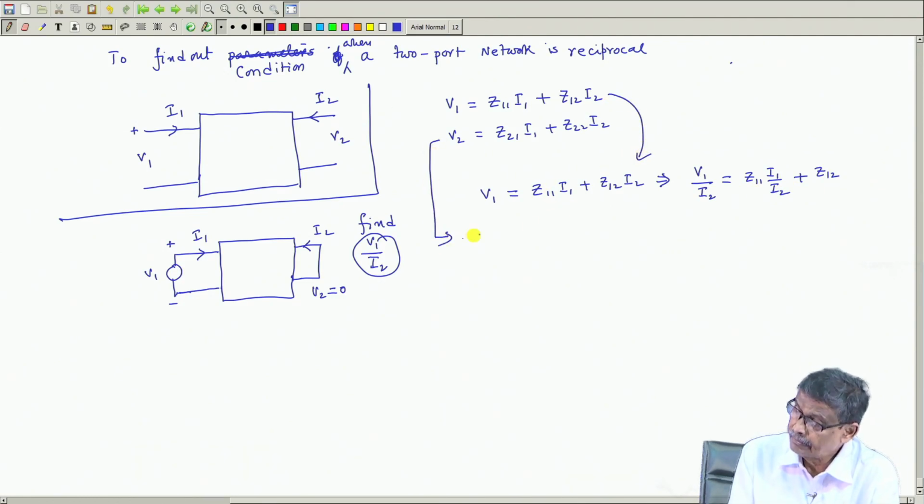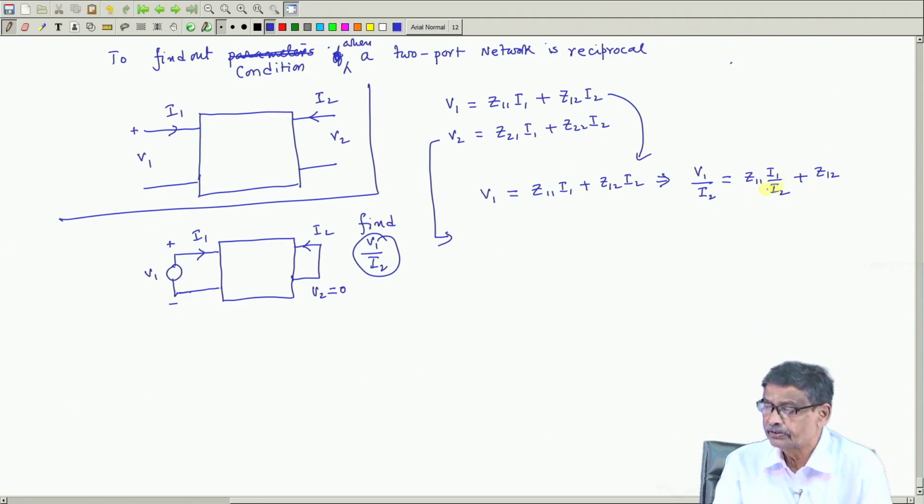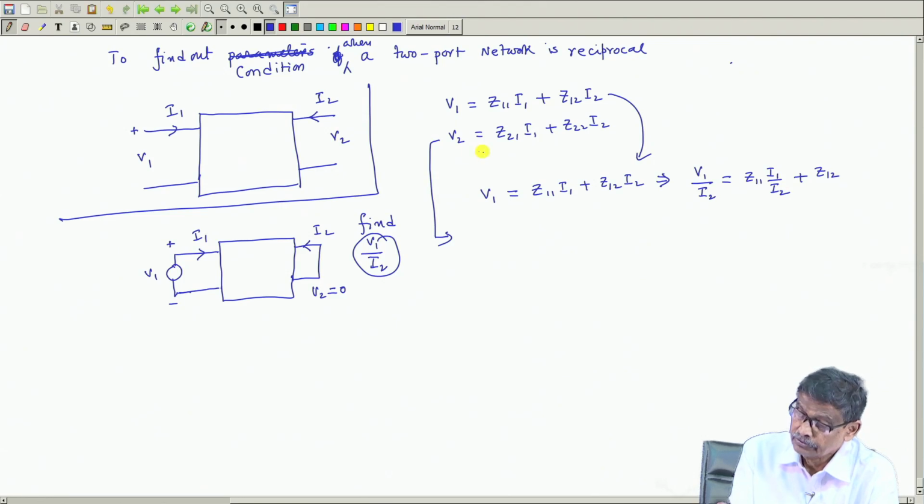But I would expect that on the right hand side only impedances are present. The second equation will give the ratio I 1 by I 2: because V 2 is 0 under this condition, 0 is equal to Z 2 1 I 1 plus Z 2 2 into I 2.